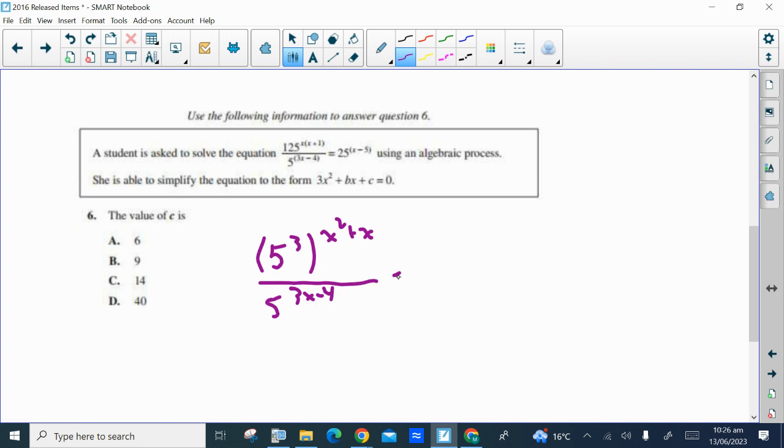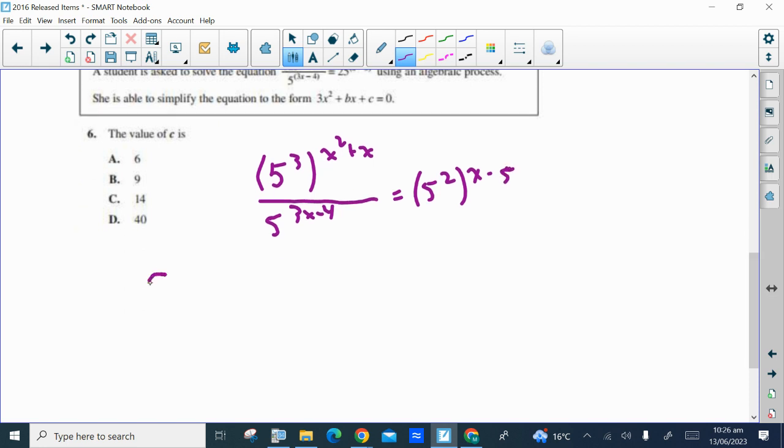But on the right side, I need to write the 25 with a base of 5, which would be 5 squared, to the x minus 5. So we've got 5 to the 3x squared plus 3x over 5 to the 3x minus 4 equals 5 to the 2x minus 10.